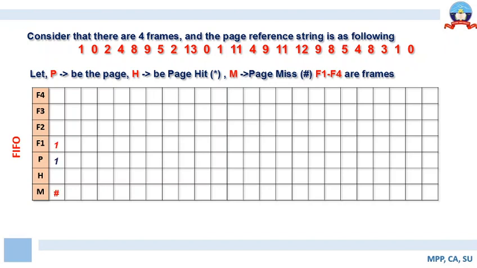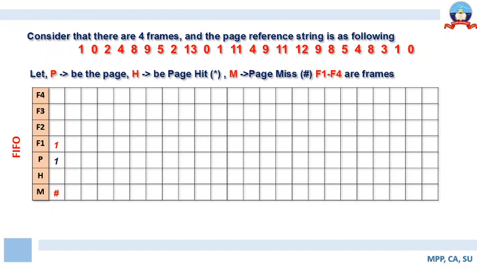The first page requested is page number 1. Page 1 is not found in the main memory, so none of the frames have page number 1. So we have a page miss. Once we find a page miss, the page is loaded from the secondary memory onto the main memory and placed in the frame.